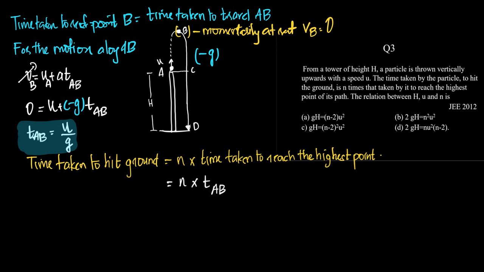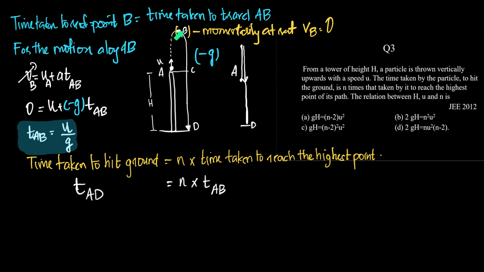Now, what is the time taken to hit the ground? The object was here at A. It has gone this high. Then it retraces the path, and eventually comes to D. So the time taken to hit the ground is basically the time taken to cover the displacement AD, not the distance. I hope that difference is clear.